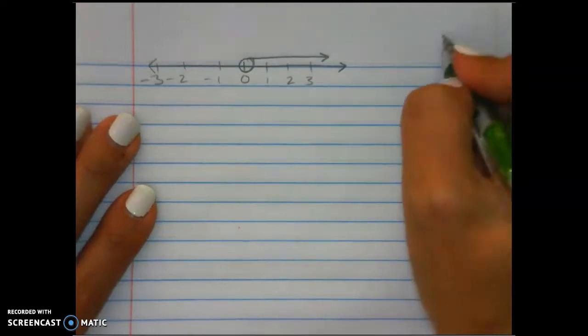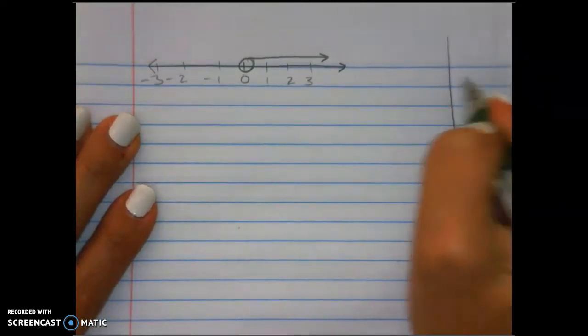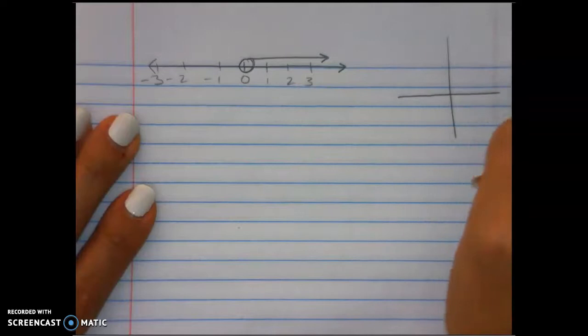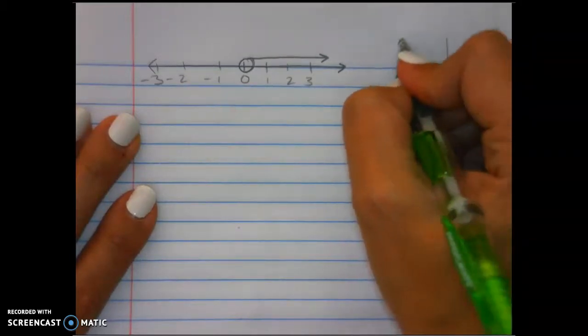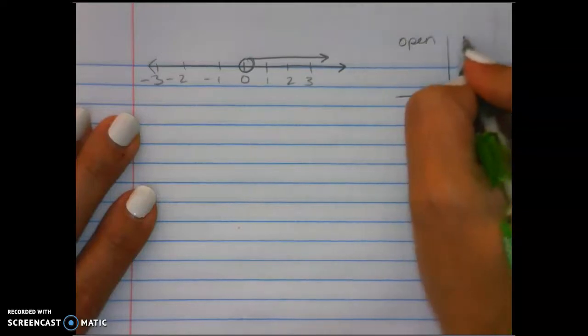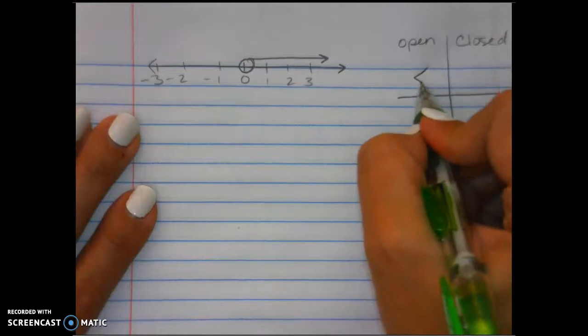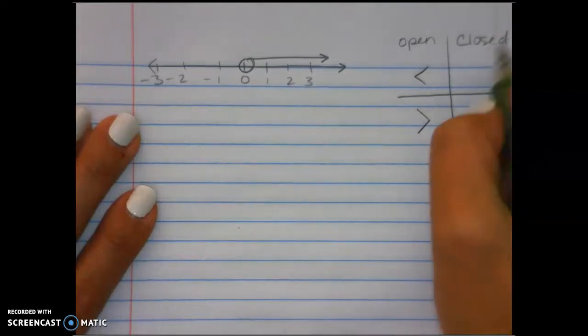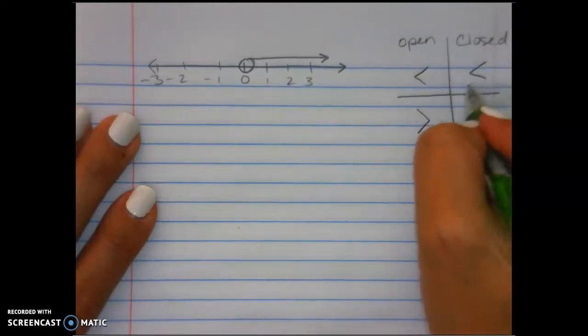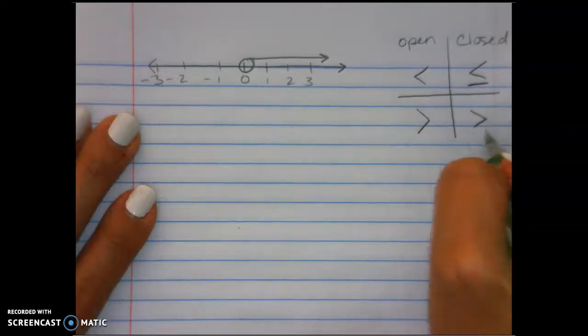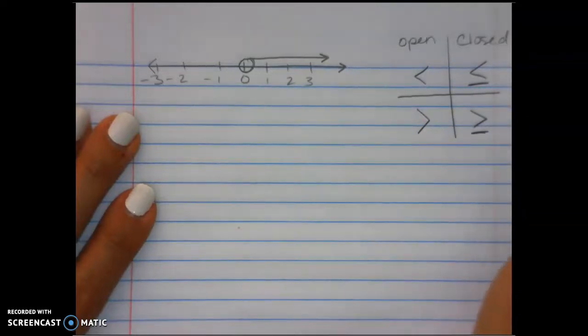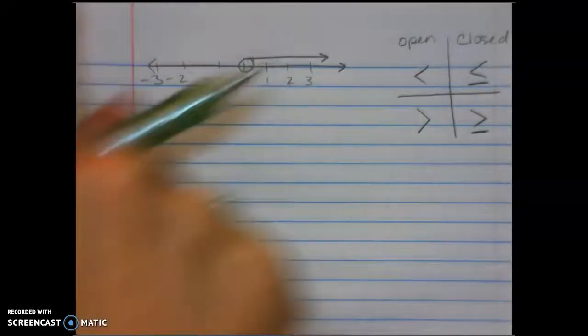So I'm going to make a little table over here for you, and this should be a review because you should have done inequalities before, where we have open circles and closed circles. If it is less than or greater than, it is an open circle. If it's less than or equal to or greater than or equal to, it's going to be closed, because when it's closed, that means that we're including that particular number.